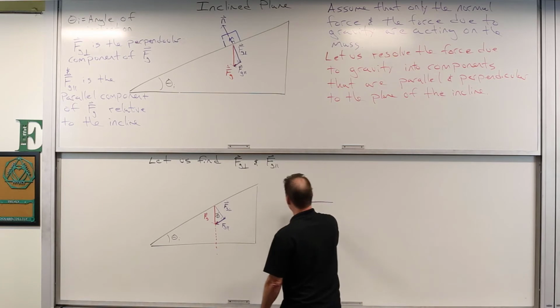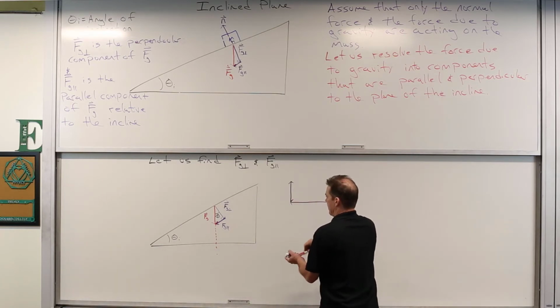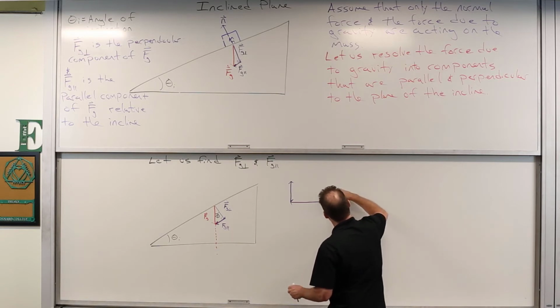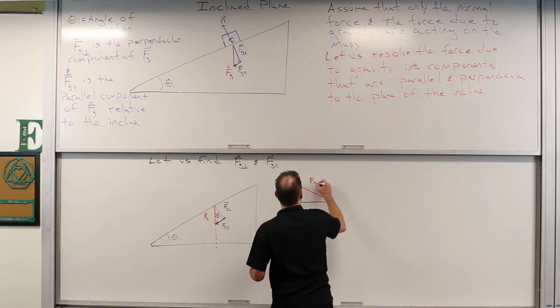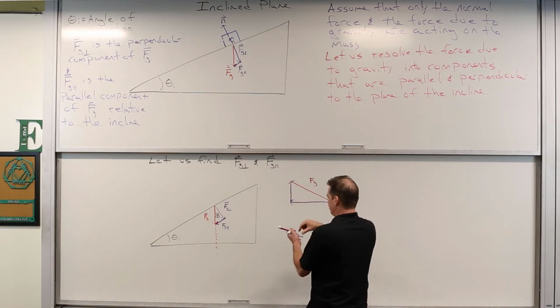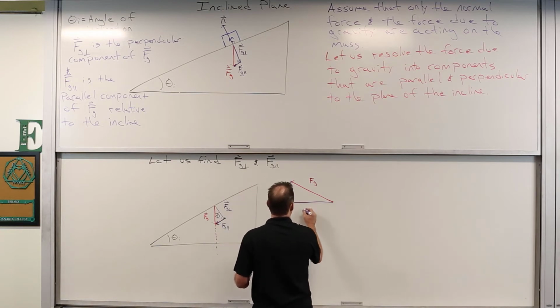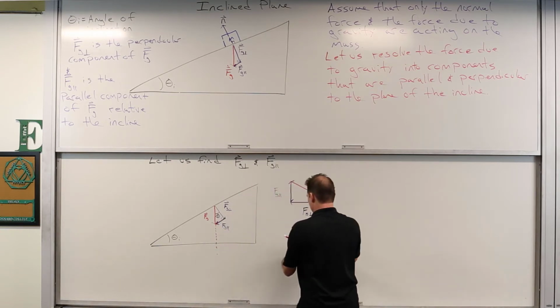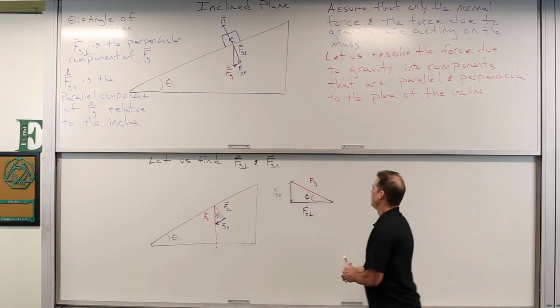So that would be there, that would be there, and this would be there. That's our F sub G. This would be our F sub G parallel, F sub G perpendicular, and this would be our angle phi.